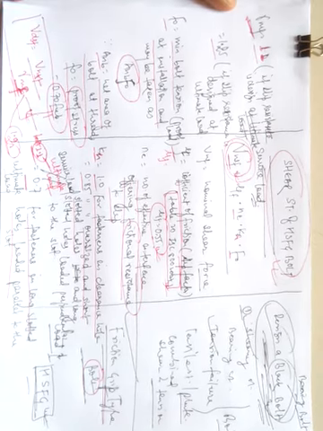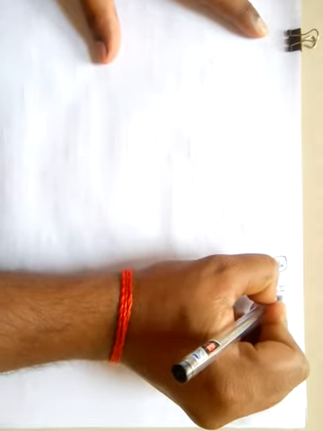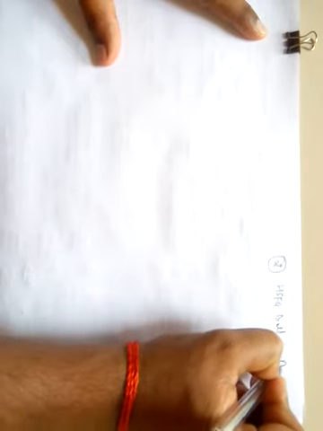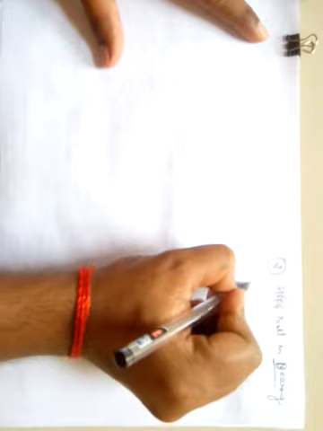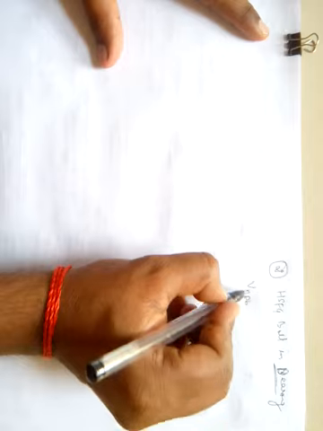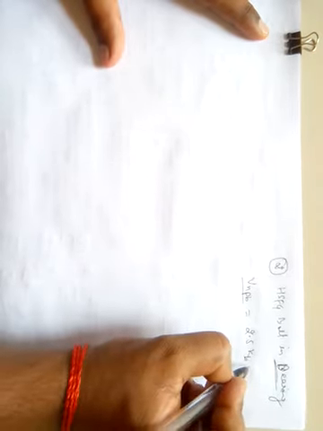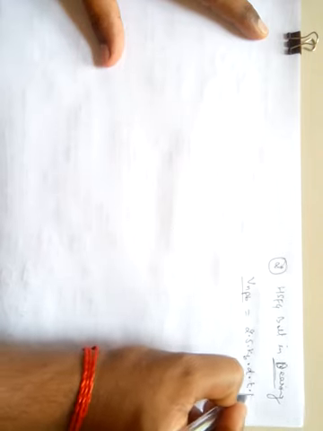So the second one is HSFG bolt in bearing. The nominal bearing strength of the bolt, VNPB, is equal to 2.5 kb into d into t into fu.